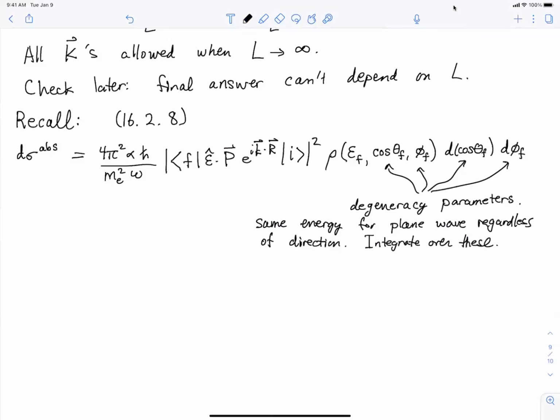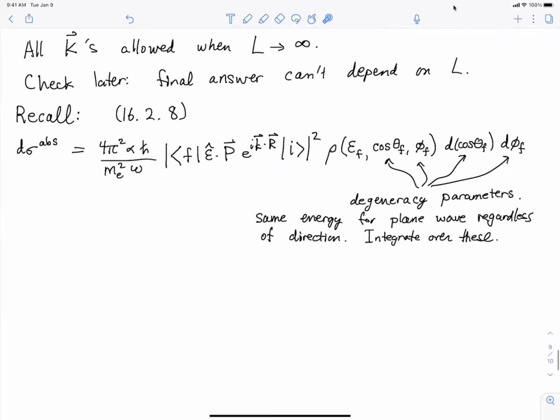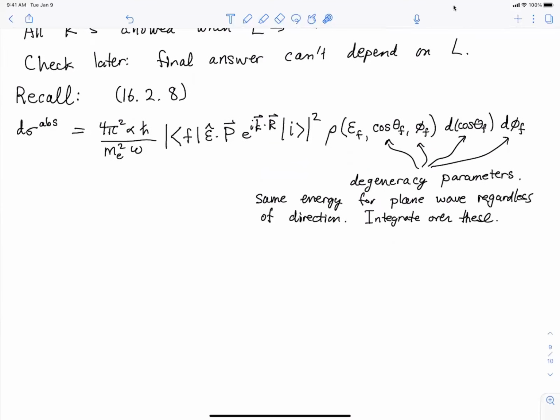Okay, so from this formula, we have two main tasks now. We have to compute this matrix element, and we have to compute the density of states. Okay, so to me, the density of states is always the harder part. So let's do that first.